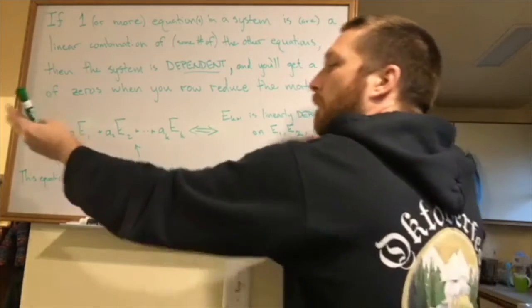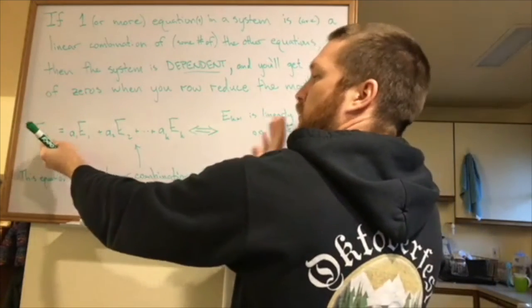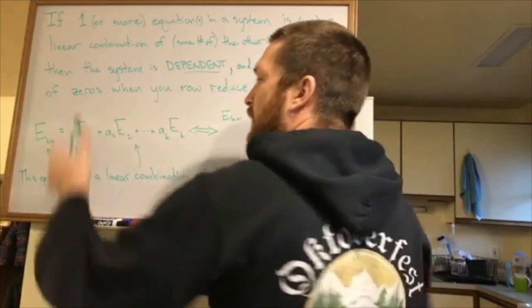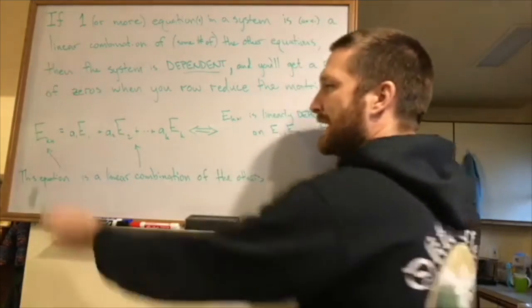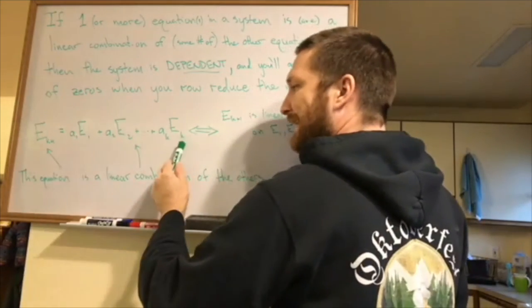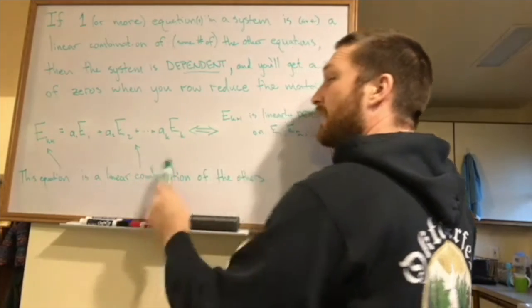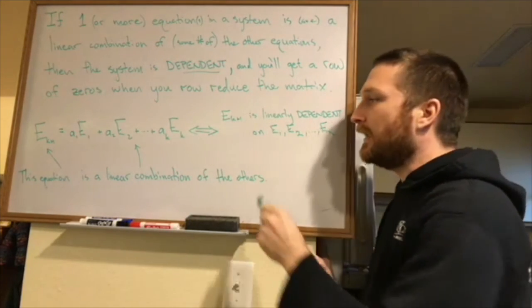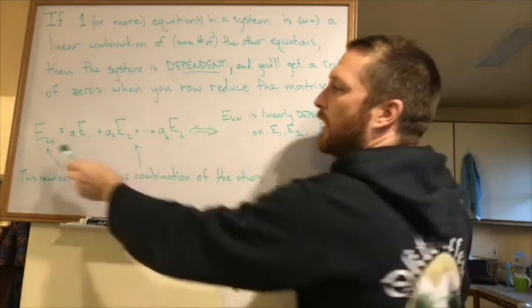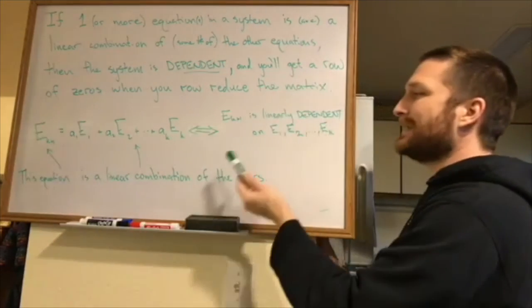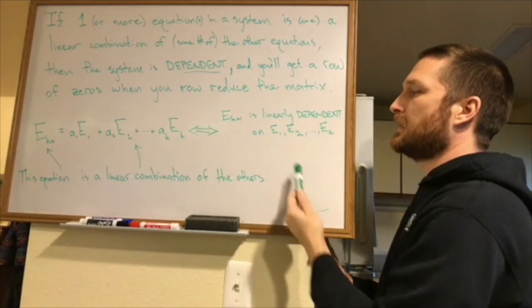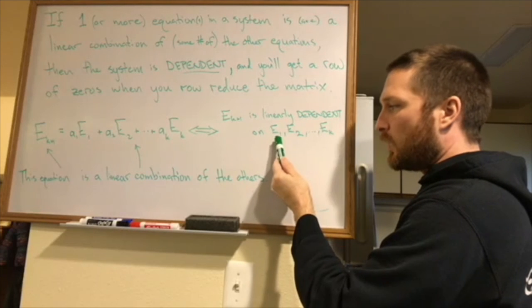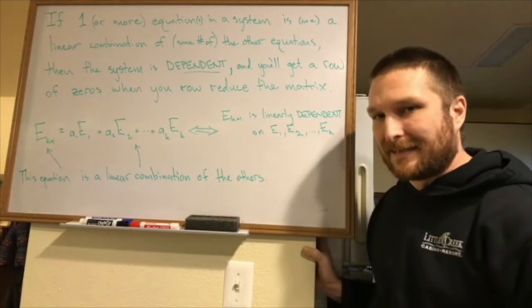And I just multiply them by the original equations or rows, add them all together to get a new row. And we'd say that this equation is a linear combination of the other equations. That means that e(k+1), this new equation that we got, is linearly dependent on the equations e1 up through ek.